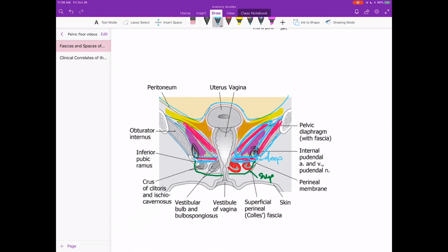One final thing to note is, where is the cardinal ligament? The cardinal ligament is a condensation of this endopelvic fascia here around the uterine artery.